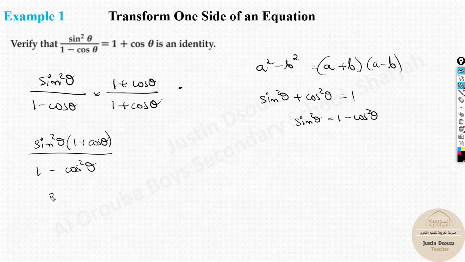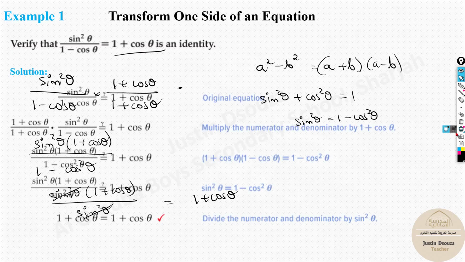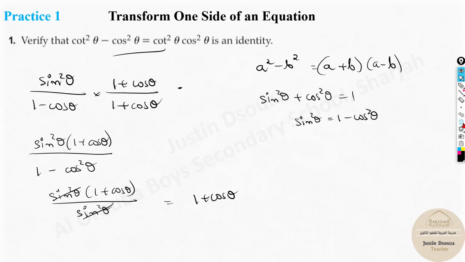Now over here, in the denominator, instead of 1 minus cos square theta, just write sine square theta, from the Pythagorean identity. Now this cancels, and you're remaining with 1 plus cos theta. That is the right hand side. So this is how we can solve it. Please remember all the formulas and substitute, and you can easily solve it. So that's the answer.